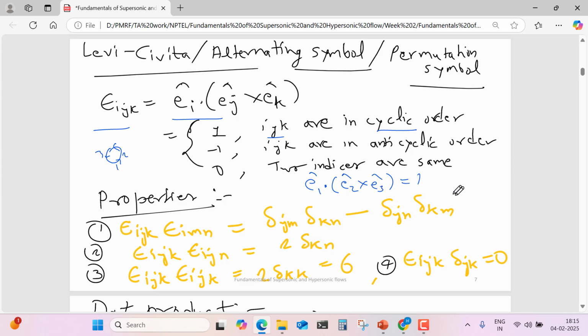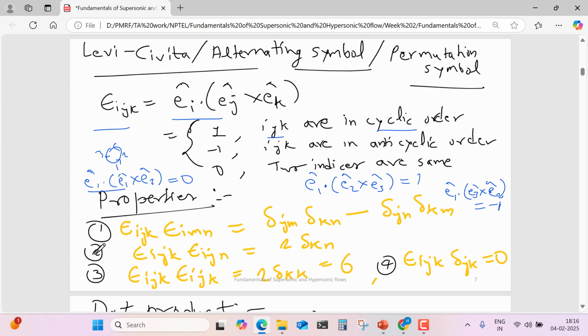If it is in anti-cyclic order, then it will become equal to -1. And if any two of the indices are the same, then it will be equal to 0.